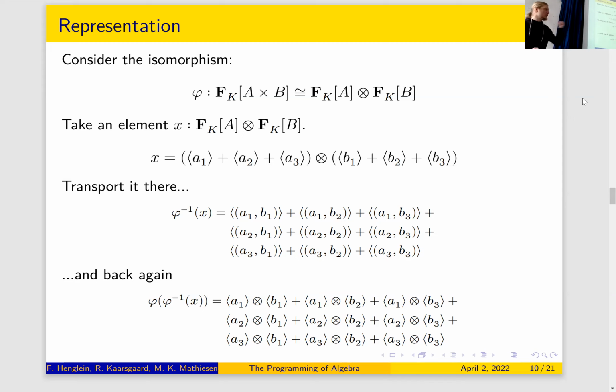So we have a sum of 3 and a sum of 3, so we get a sum of 9 pairs. And then when we go back again from left to right, there's kind of no other way to do it than just doing it by each component. So then now we've expanded. So this term is equivalent to this term, of course, because we're not really doing anything, and yet we're actually doing a lot of work here.